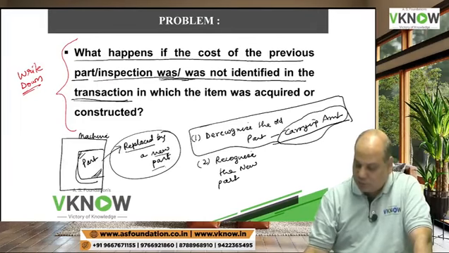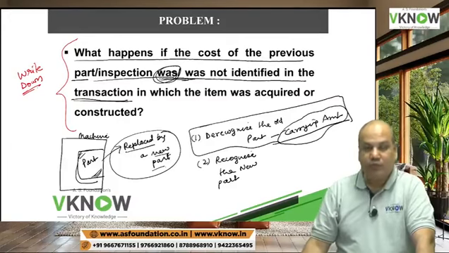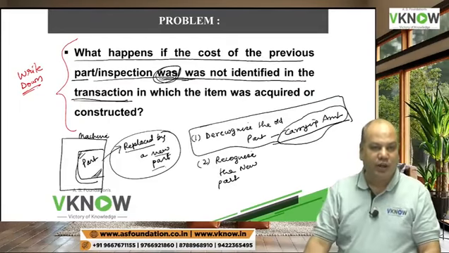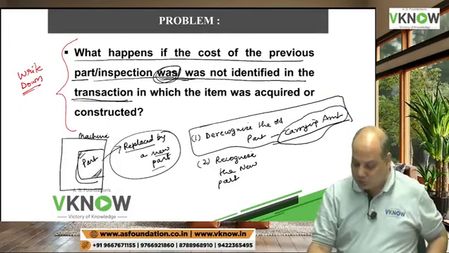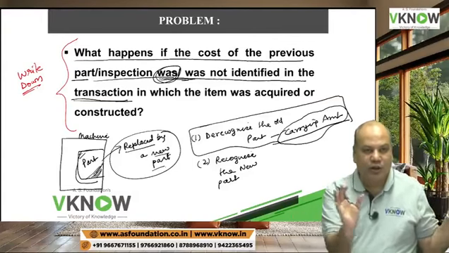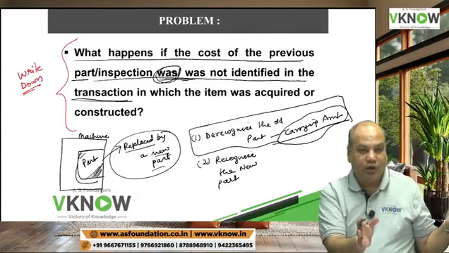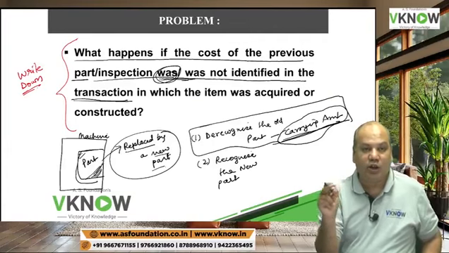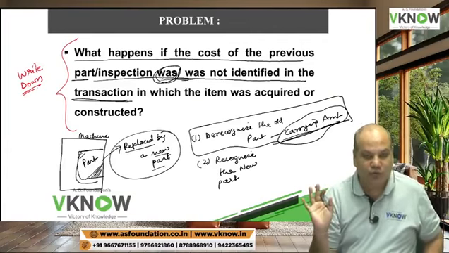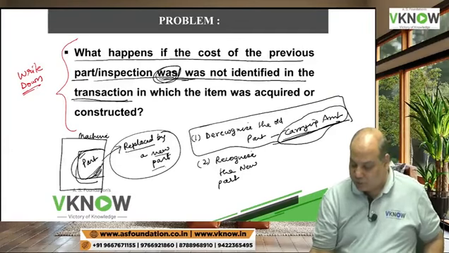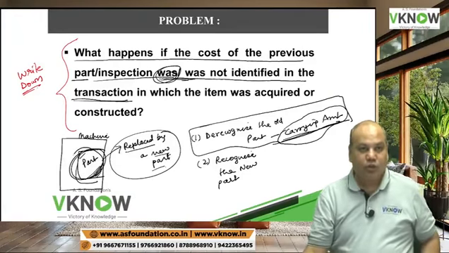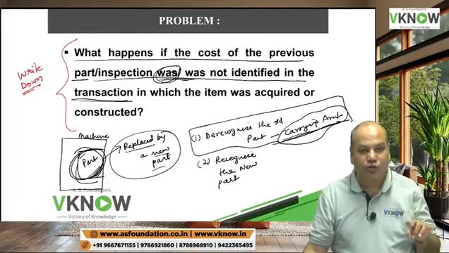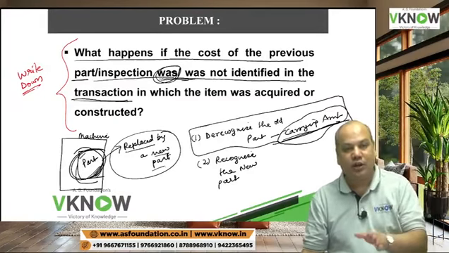If the old part was identified and its cost was identified, suppose I have identified the tires of the car and the cost of the tire of the car, then I can easily calculate the carrying amount of that part which is replaced. But if that old part was not identified or its cost was not identified, then it will be difficult for us to calculate the carrying amount at a later stage.